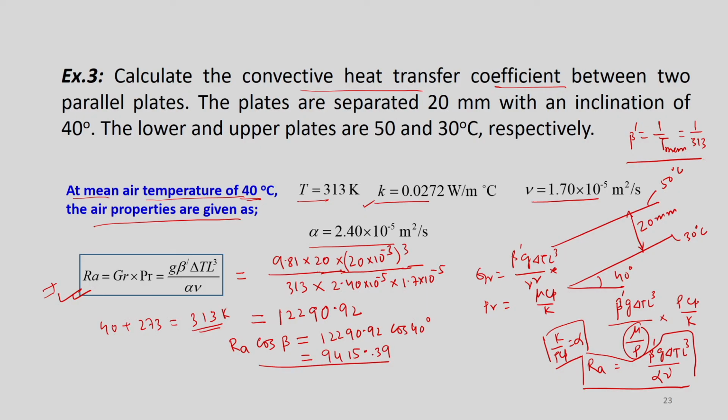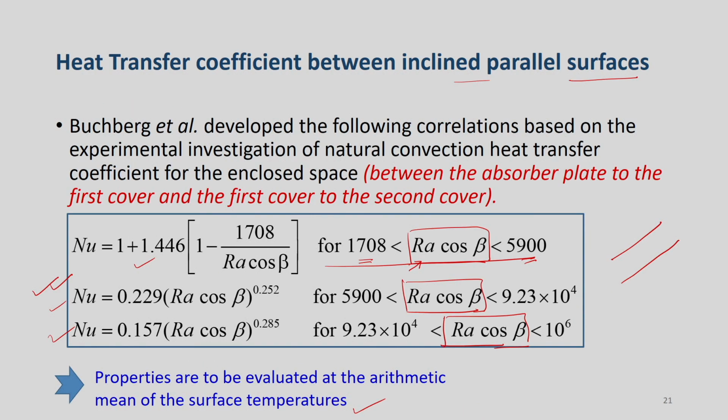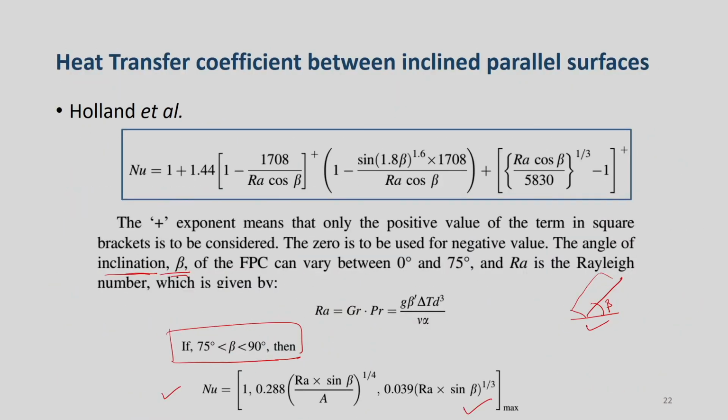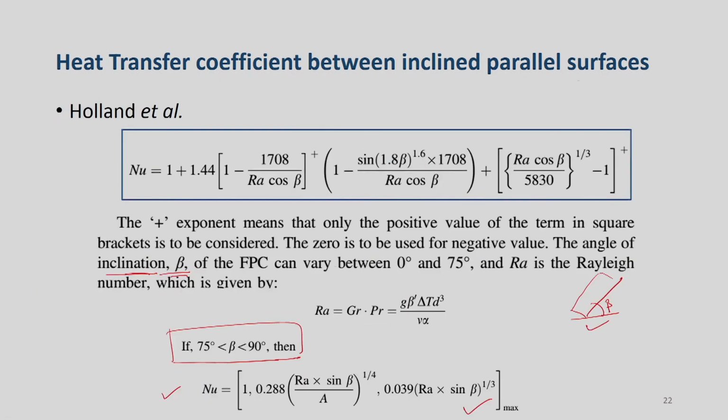Now we can check which correlation to be used. So, we need to use this correlation. The Nusselt number is equal to 0.229 Ra cos beta to the power 0.252.